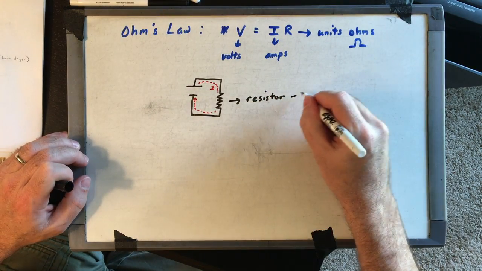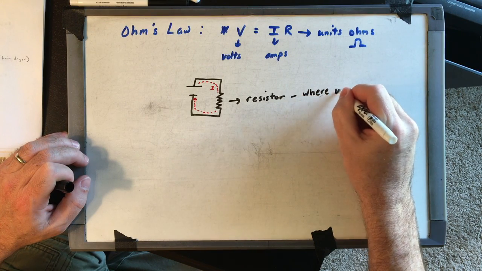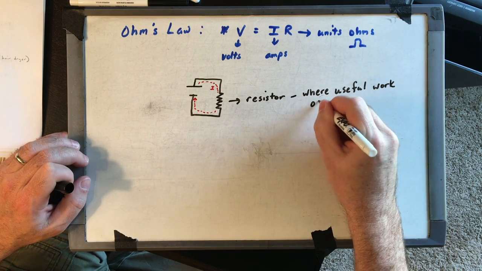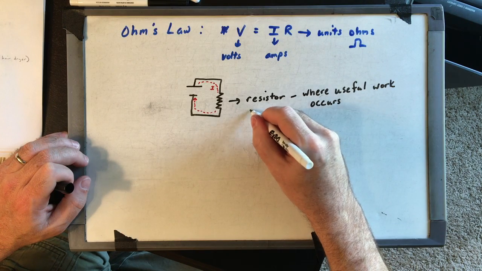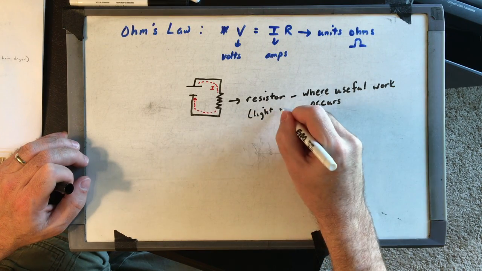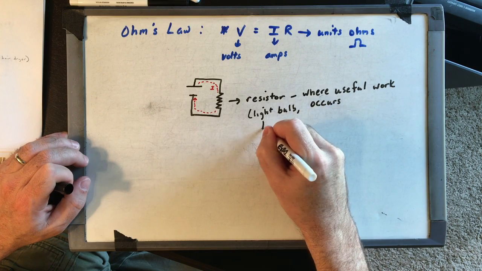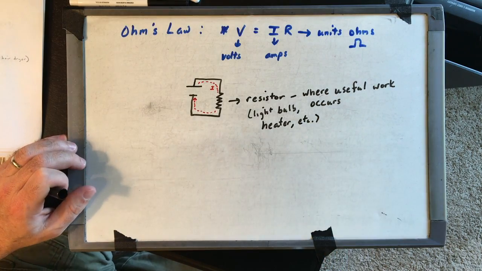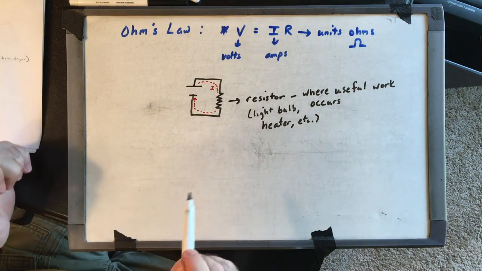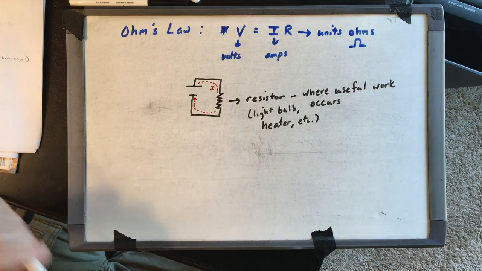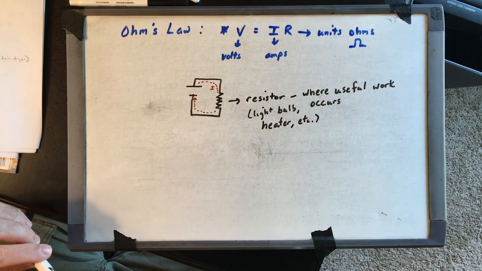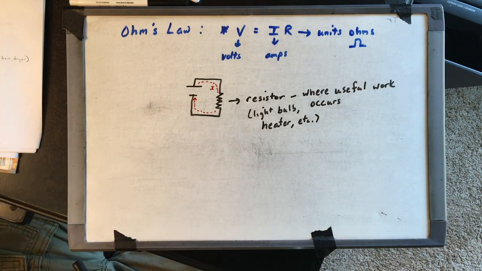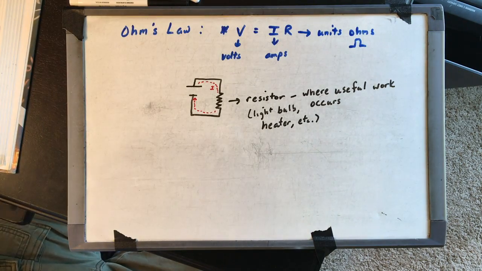That is where useful work occurs. So that resistor could be a light bulb. It could be a heater. Sometimes in circuits you have resistors just to smooth out voltages, so it might be a case where you're not actually doing something that might be useful to a human, but it's useful to the electronic device in order to smooth out voltages.